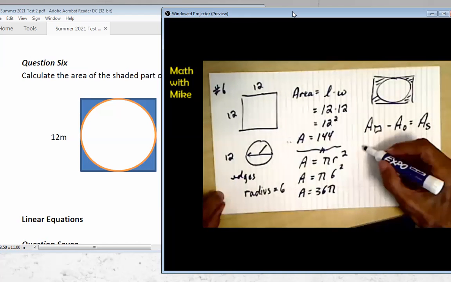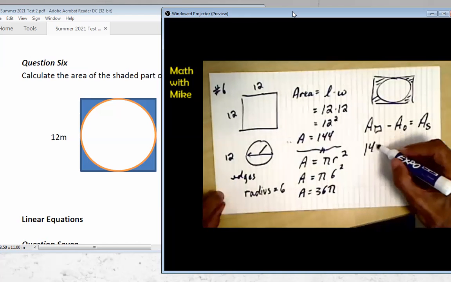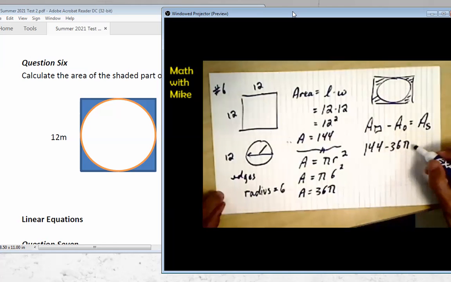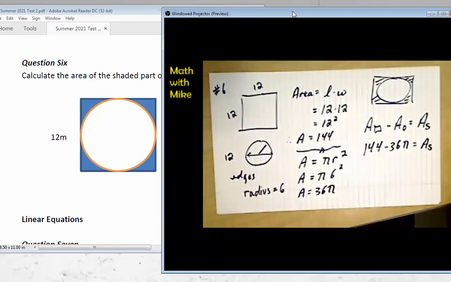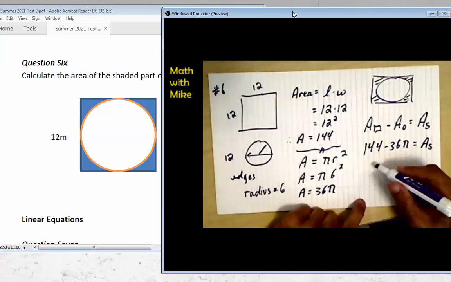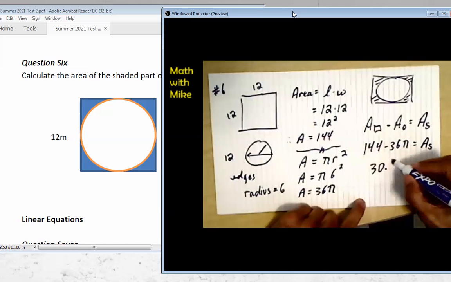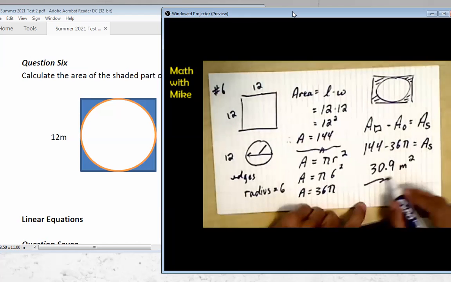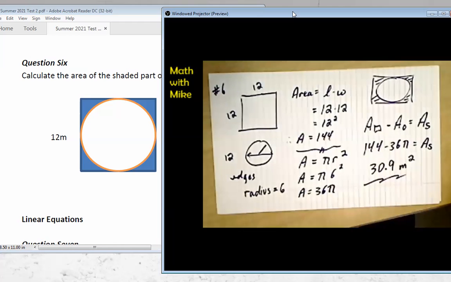So it'd be calculator time or fingers and toes time. Area of the square minus the area of the circle gives you the area of the shaded part that's left over. And I do the number crunching and I just write it with 3 numbers there, 30.9, and it ends up being meters squared as the final answer for that one.